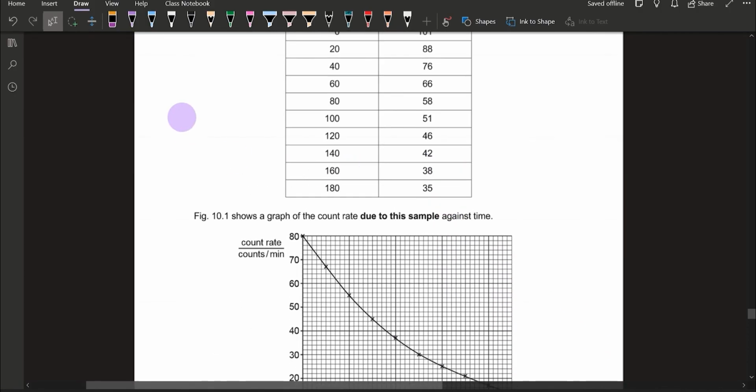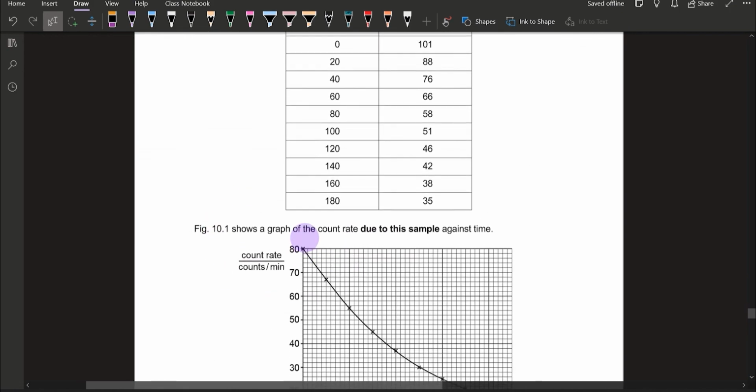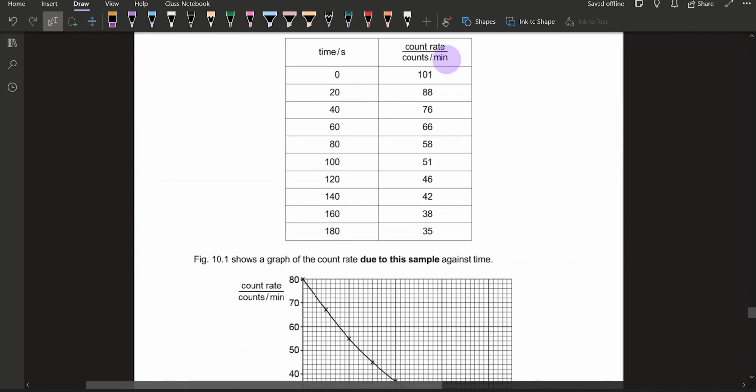The reason why this is not the same as the graph is that you can see here the count rate at the beginning in the table is 101, and the count rate in the beginning on the graph is 80. So there must be background radiation in the table. So this has background radiation and this doesn't have background radiation.